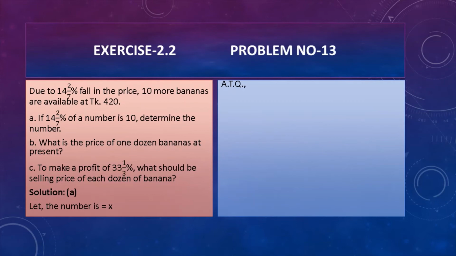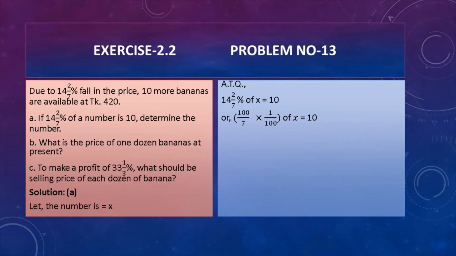According to the question, we can write 14 2/7% of x equals 10. Here of means multiplication, and we let the number be x, so of a number means x. That is why we can write 14 2/7% of x equals 10.